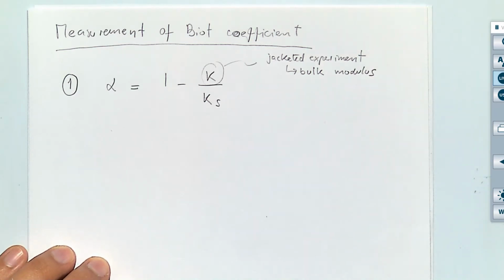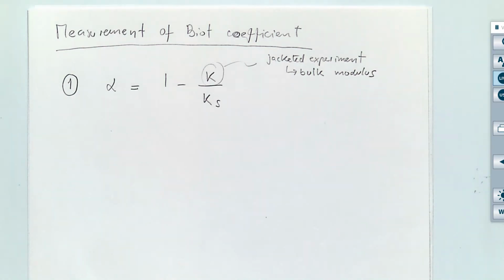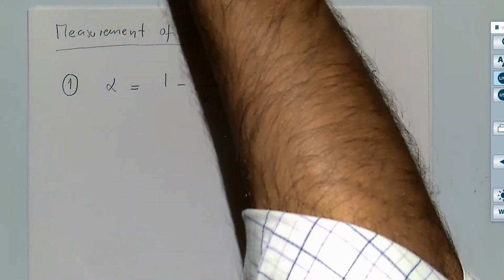Basically what you do is you get your rock and you apply pressure and you measure strains in all directions, radial, axial, or if it's a cube, in 3 different directions.